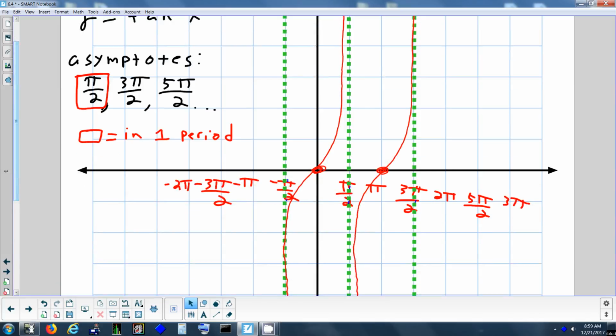Every 2 pi over 2, which would be just pi. So if you focus on any point, like let's say the x-intercept, it occurs again pi units later, not 2 pi units later. So that's a big difference with tangent. The period is pi, not 2 pi.